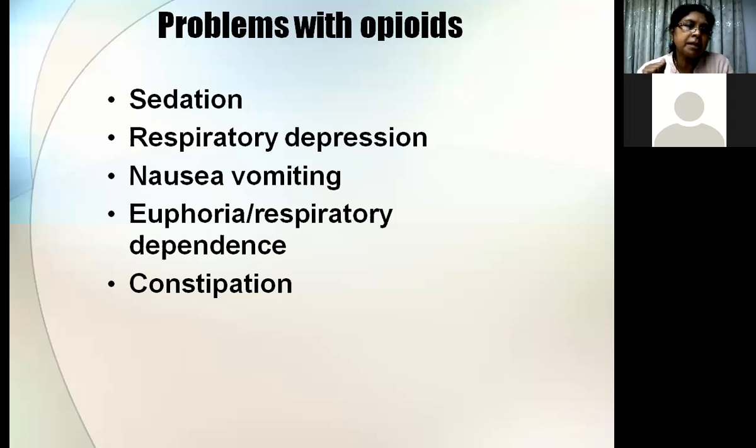So when he presses the button, there will be a dose going into the patient, and it will work. And if it doesn't work, if the patient is still in pain, the patient can press again. So he can press 5 times per hour, but he can't keep pressing one after the other because he can get an overdose. So we have given a lockout interval of 10 minutes.